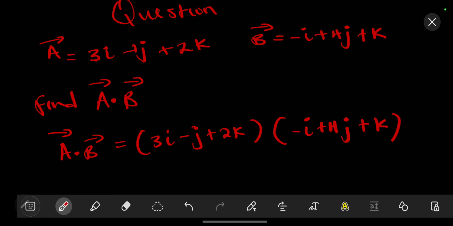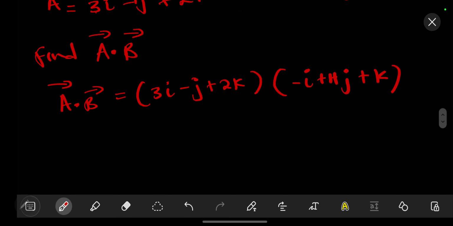So now how do we do the dot product? Remember what we said: I dot I is equal to 1. Then I dot j is equal to 0. As long as they are different like that, you have a 0.